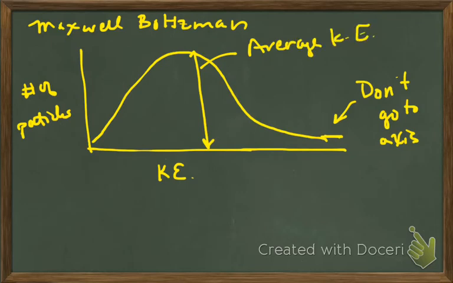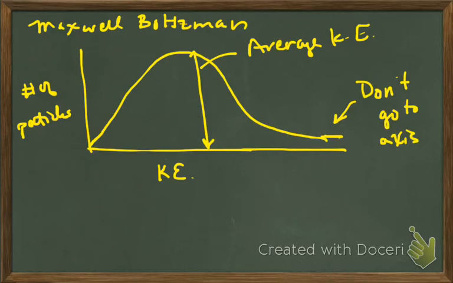Okay, and what you're looking at for any sample of gas, the area under the curve is going to remain constant. So you're really looking at the number of particles in some sample and what their kinetic energy is, how many particles are at each different kinetic energy. All right.